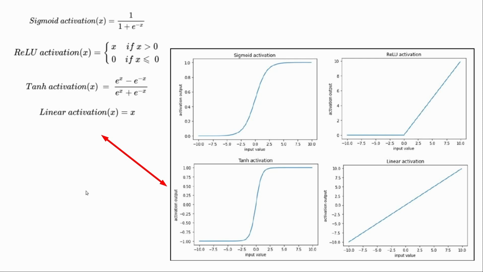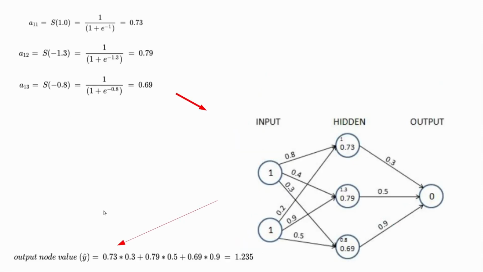For this example, we will use the sigmoid activation, which is the expression 1 by 1 plus e to the power minus x. Here x represents the weighted sum that we just calculated. That is the input passed to the function, with the sign negated. And this is the graph representing all these functions: this is the sigmoid function, this is ReLU, this is tanh, and this is the linear activation function.